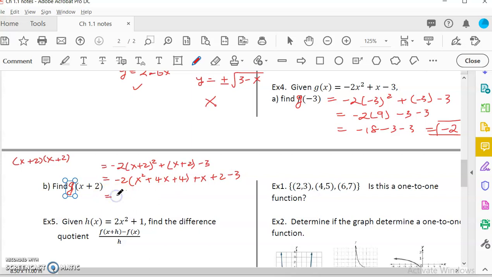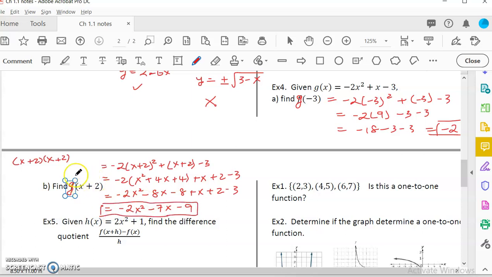Now let's combine like terms: -2x squared minus 8x minus 8 plus x plus 2 minus 3. It turns out to be -2x squared minus 7x. And the numbers: minus 8 plus 2 minus 3 is minus 9. So that is the final answer.